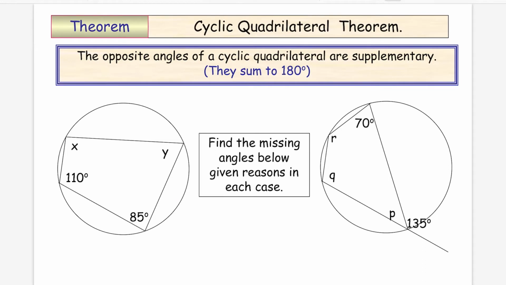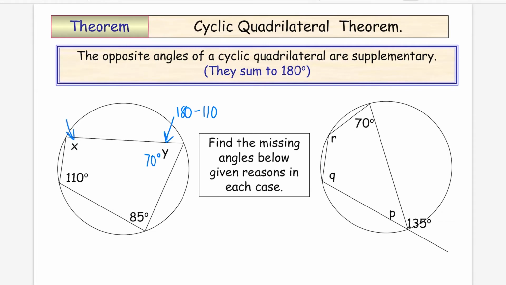So in these two examples, we're trying to find x and y, and then r, p, and q. For the first one, we know that the opposite angles are going to add together to make 180. So 180 minus the 110 from the other side is going to give me my final answer, which is going to be 70.